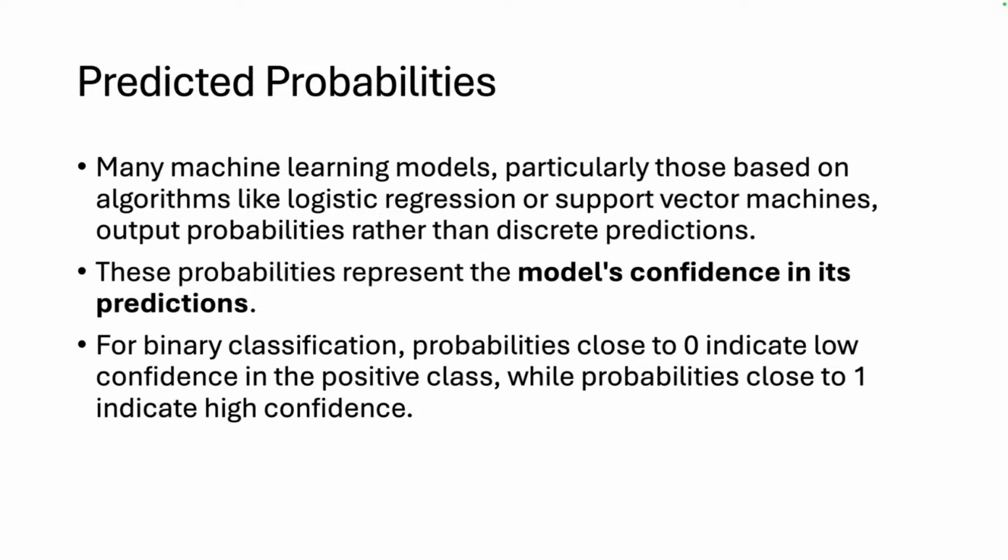The interpretation that humans have when they're looking at the probabilities associated with this. So algorithms that produce these probabilities, we interpret that as the model's confidence in its prediction.